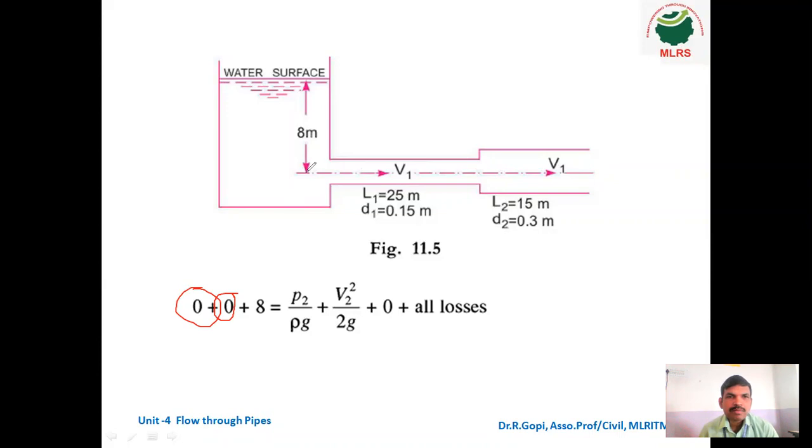So from the center of the pipe, the height of the water surface is 8 meter. So this 8 is equal to P2 by rho g plus V2 square by 2g plus 0. Why is it 0? At the outlet of the pipe, both Z2 and the datum line are in the same line. So it is 0 plus all losses.